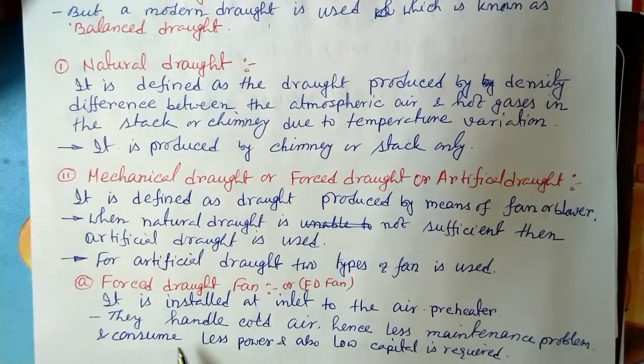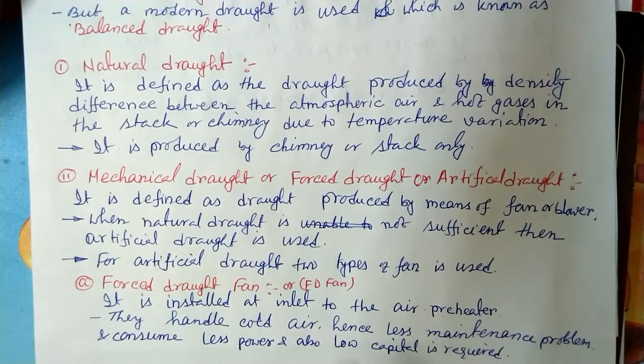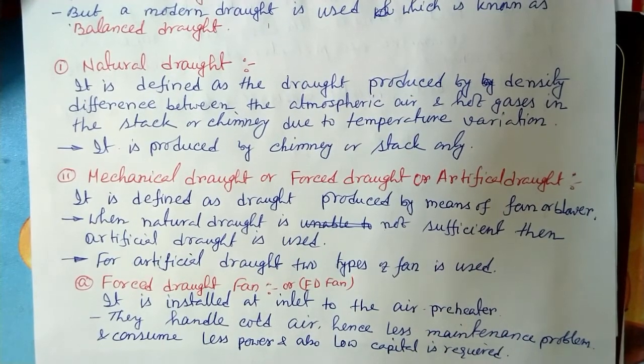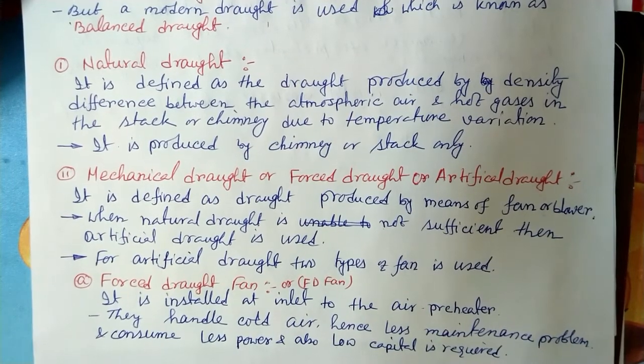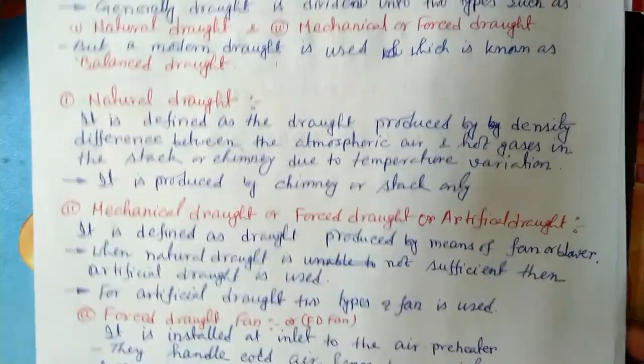So basically this FD fan handles cold air. Cold air means less maintenance problems and less power consumption. Also low capital is required. So these are the characteristics of forced draught.